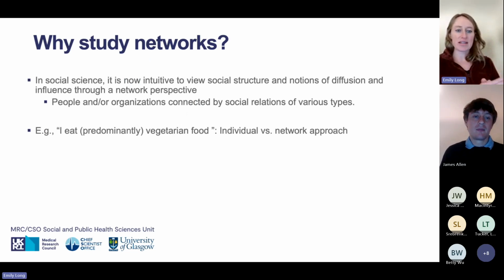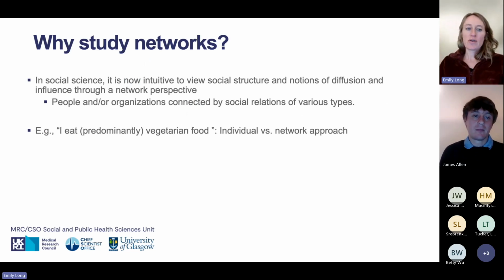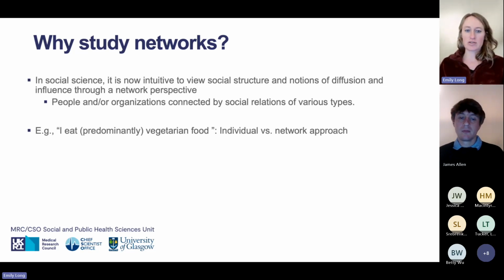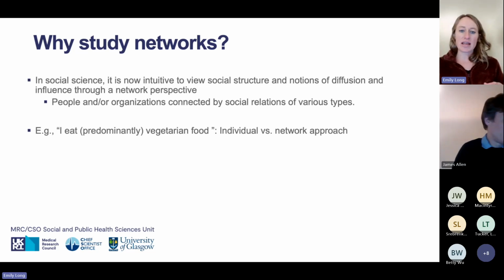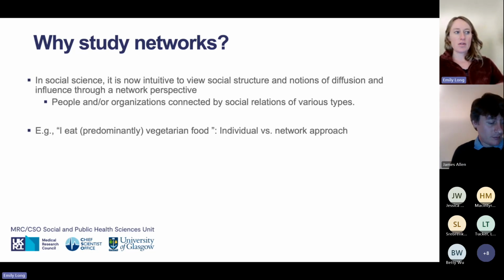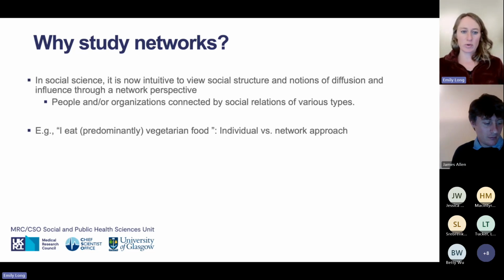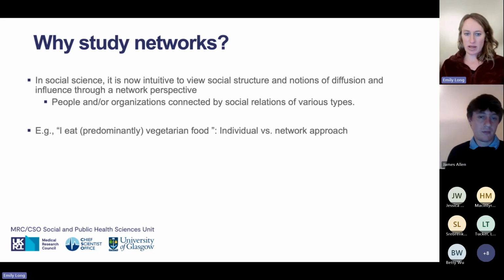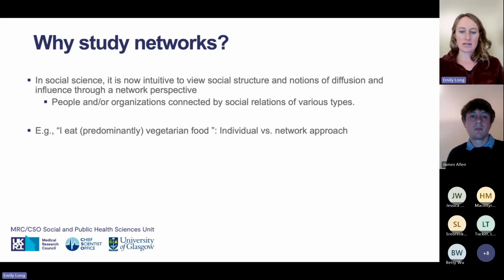So why should we study networks? If you come from a social science discipline or a public health or psychology background, I think it's fair to say that it is known and intuitive that people influence each other through a network, that we live in a networked world where people and organizations are connected by different types of relationships, and that ideas and behavior spread through networks, and that we're all connected in this social space.